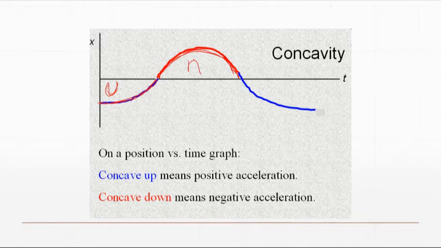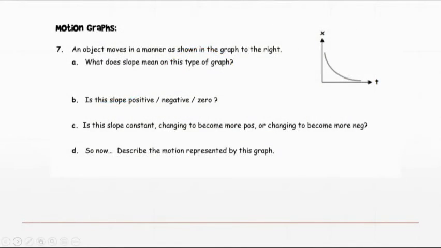So down has an N in it, so concave down means negative acceleration. Concave up means positive acceleration. So here you have concave up again, you have positive acceleration. Okay, that's just looking at these graphs. That's just another way to remember how to determine your positives and your negatives.